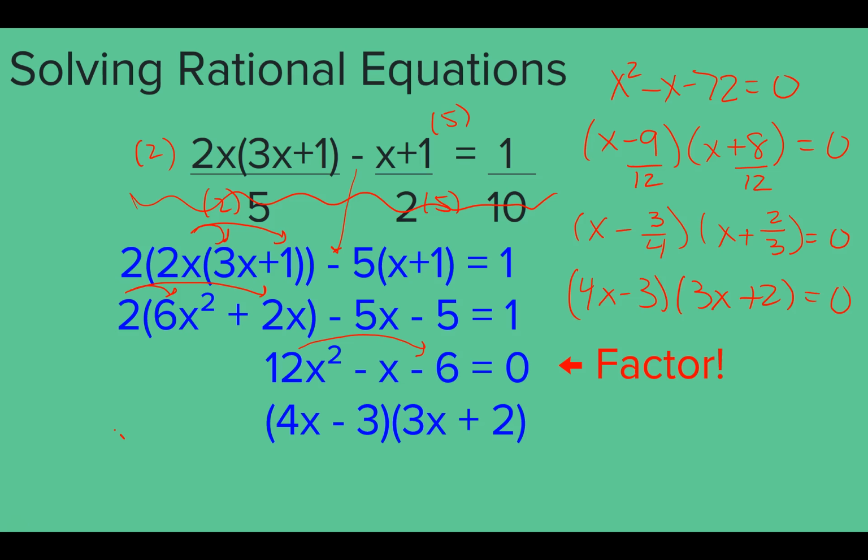All right, so what are my x-intercepts going to be for this graph of rational functions? Positive 3/4, I heard that. And negative 2/3. Good. You could. Yeah, you could. Good question.